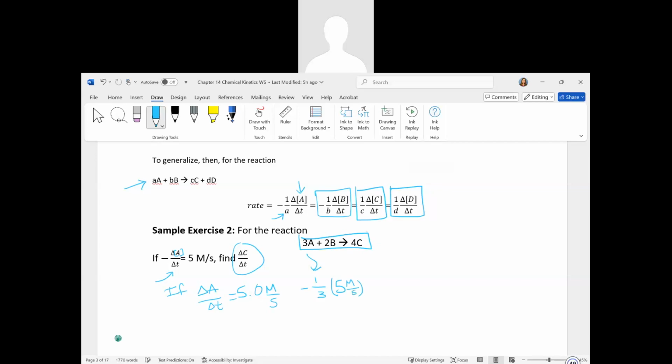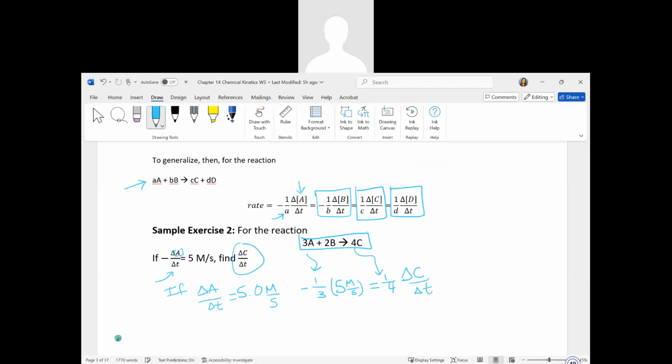Then I'm going to equate this to the change in C, so that would be 1 over 4, and this would be positive. That's what we're solving for, delta C over delta t.